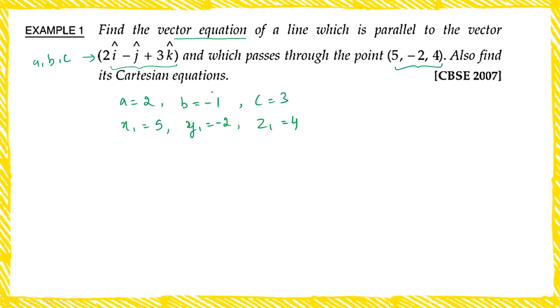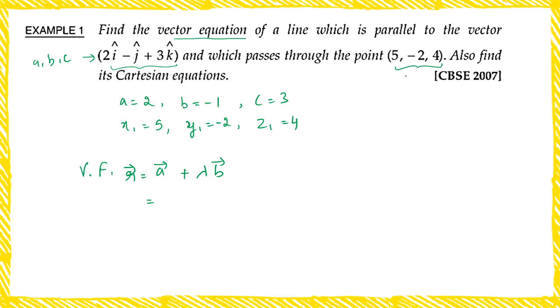Now we have to find vector and Cartesian equation both. So what is vector form first of all? Vector form is a plus lambda b. r is equal to a plus lambda times b. So what is a vector? A vector is the position vector of that point which is given.